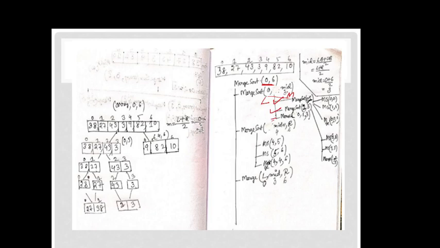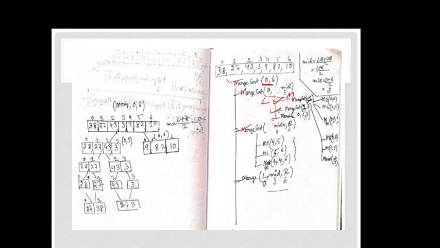With this, 0 and 3. Similarly, another call will be mid plus 1 to 6, that means 4 to 6. This also raises three calls here: 4 5, 5 6, and 4 4 6. And then finally you'll have the merge.